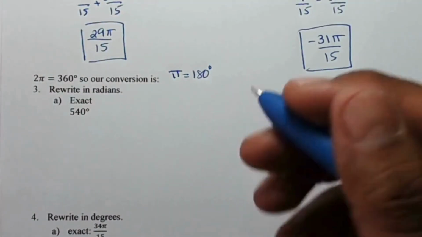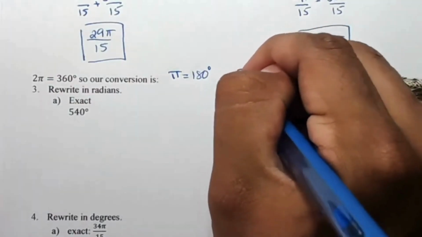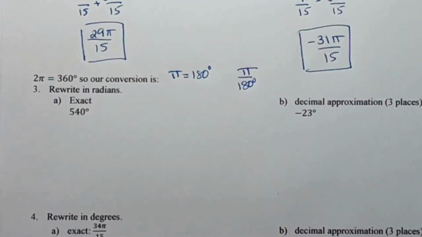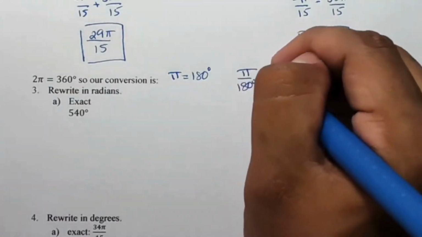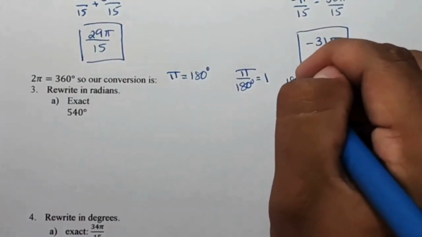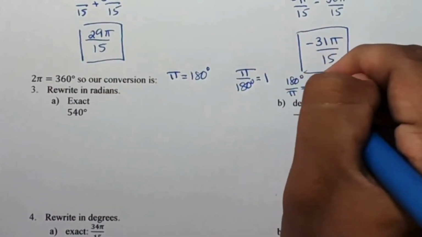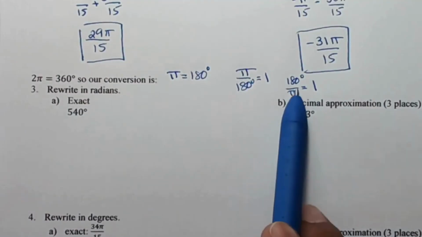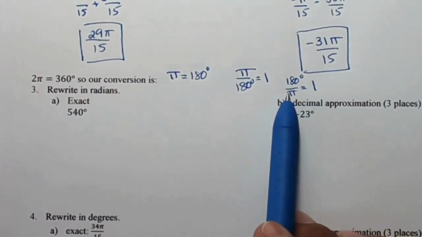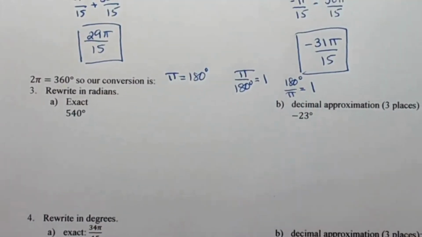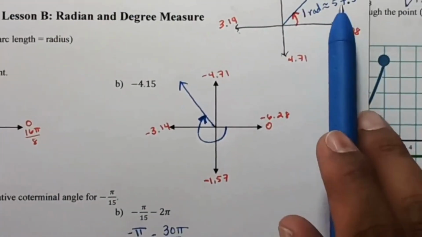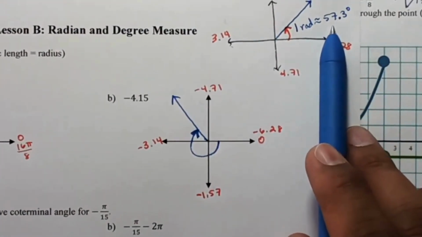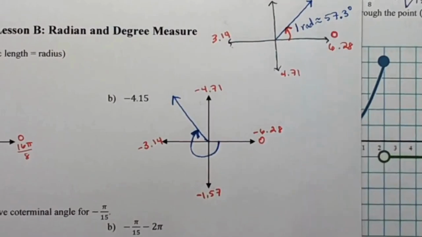So if I were to divide 180 by pi, that's essentially going to be 1. Okay, 180 degrees divided by pi is essentially 1. So if I put this into the calculator, what is 180 degrees divided by pi? It's actually 57.3 degrees, which is how I got that 1 radian.